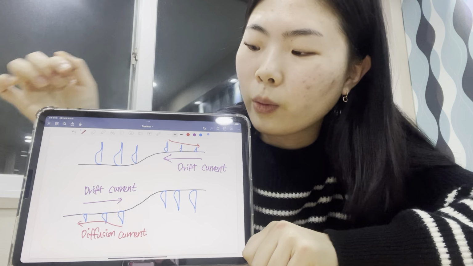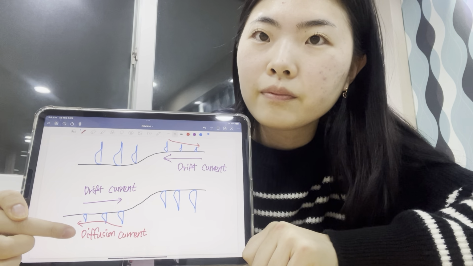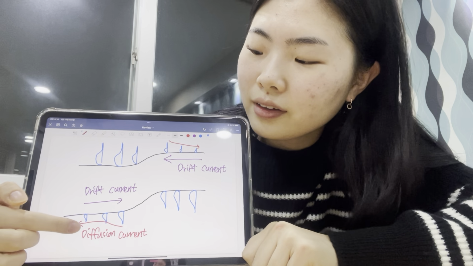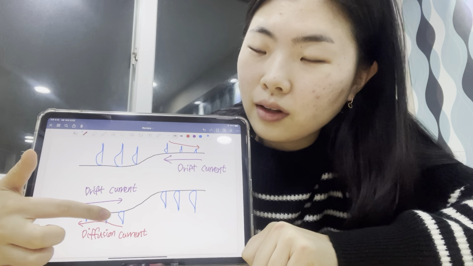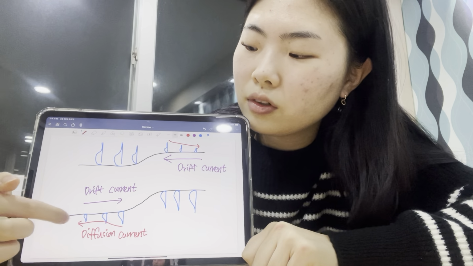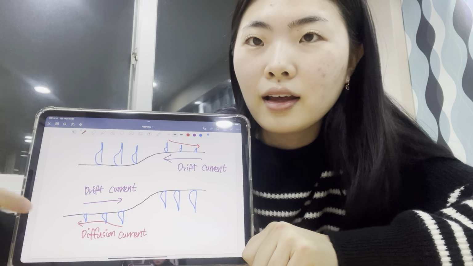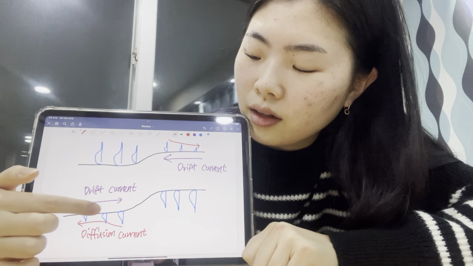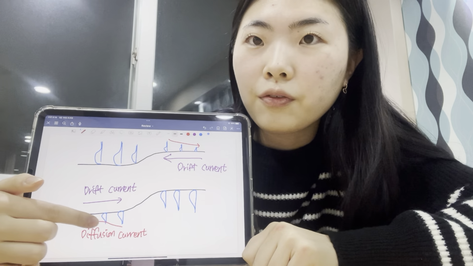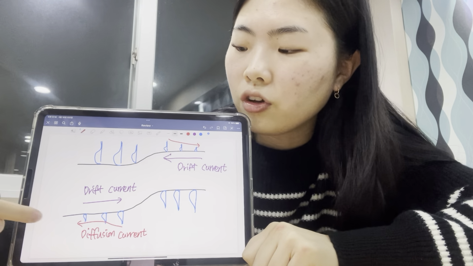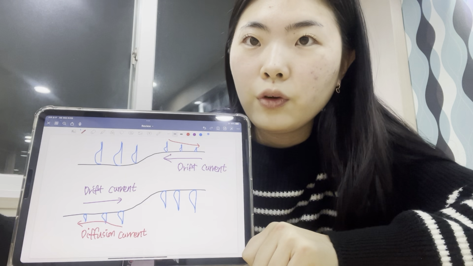However, there are fewer holes, so that concentration gets smaller as it goes to the left. Then, because of the difference in concentration, that makes diffusion current.